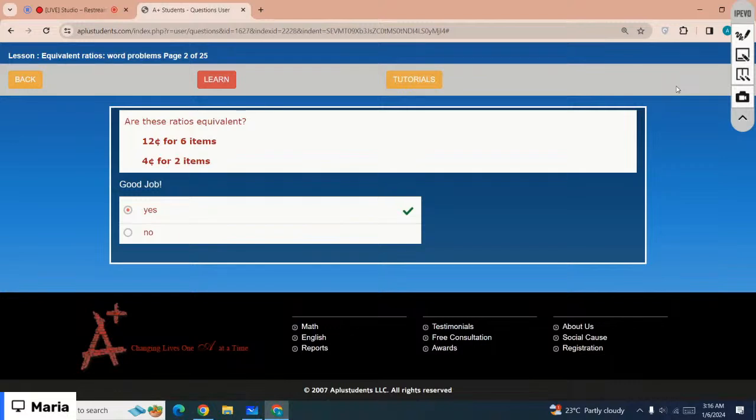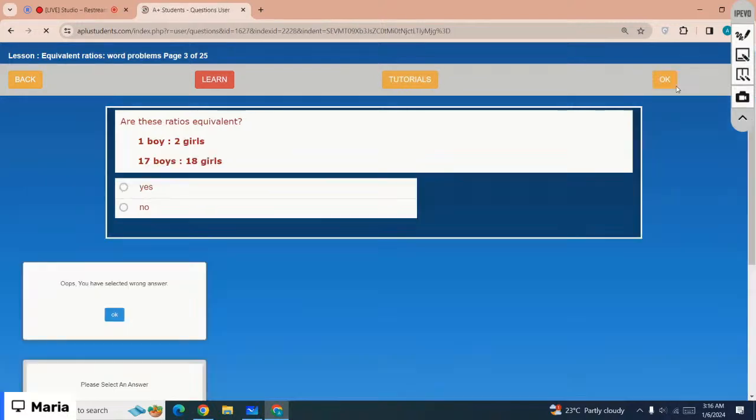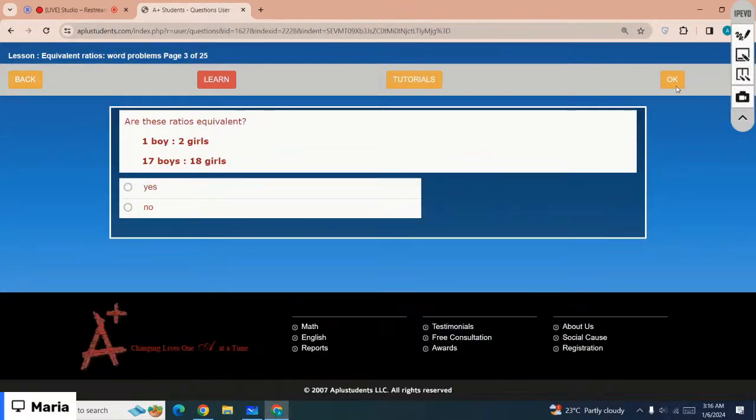Okay, now use your notebook and pencil. Solve the questions in your notebook and just write the answer in the chat box. Are these ratios equivalent? One boy to two girls and 17 boys to 18 girls. Are these ratios equivalent?